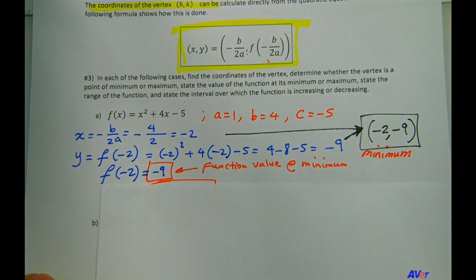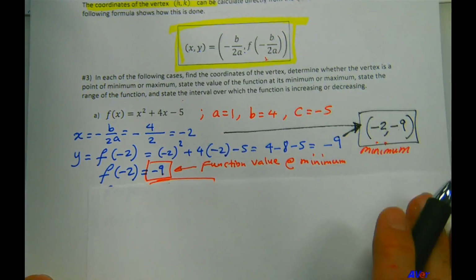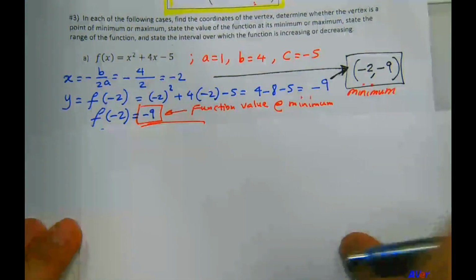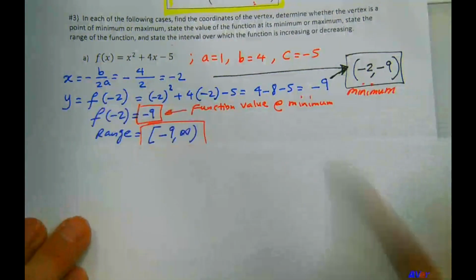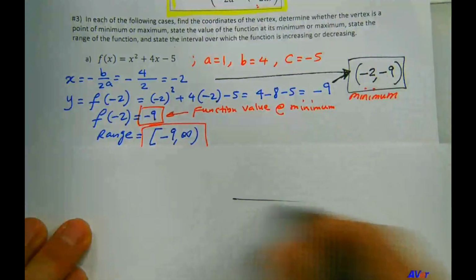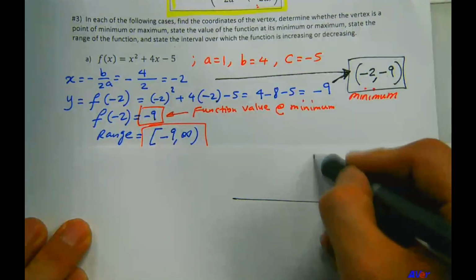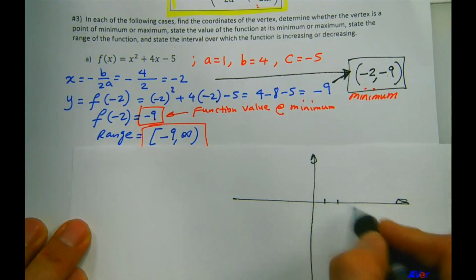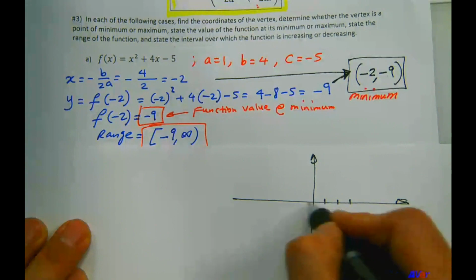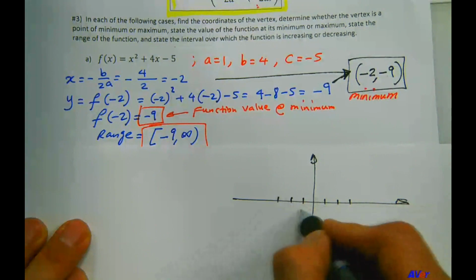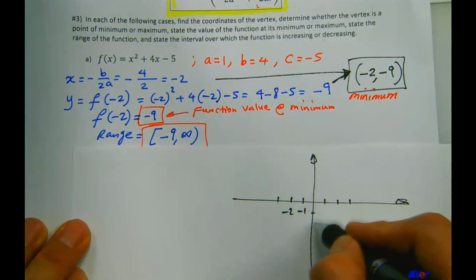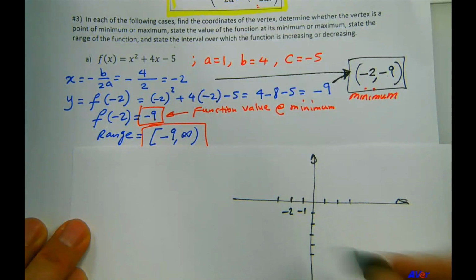So we know that this point is a point of minimum, right? Let's roughly sketch it. So -3, -2, -1, and then -9. 1, 2, 3, 4, 5.